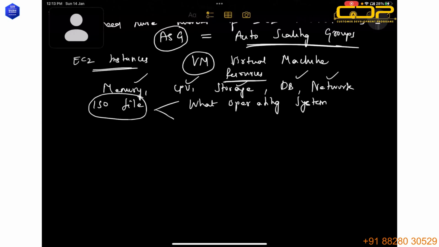But you need to have a graphical interface to connect with all those resources, right? If you don't have a graphical interface, how can you access your memory, your CPU, your storage? You need a graphical interface to connect all those things. So that's what operating system you're going to choose.